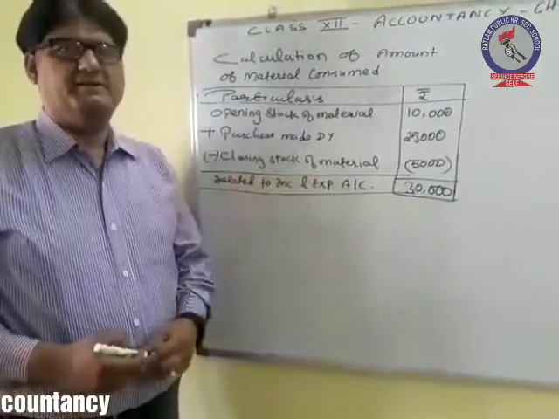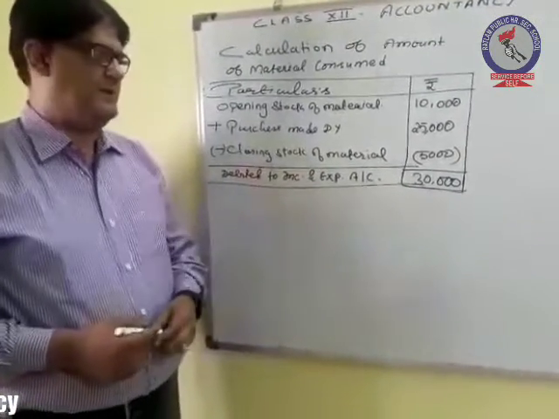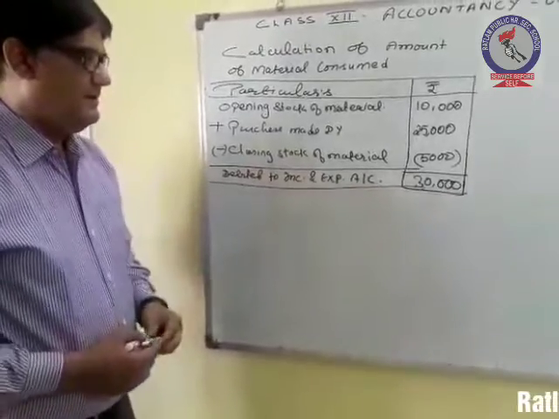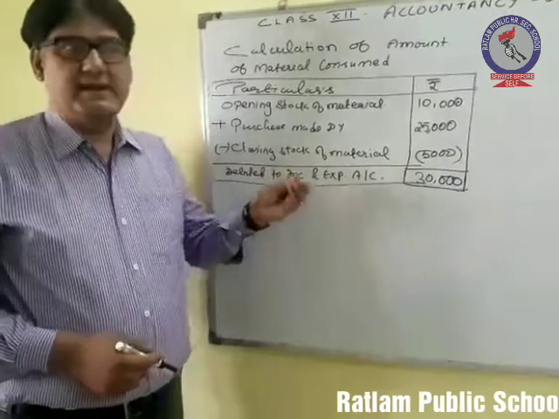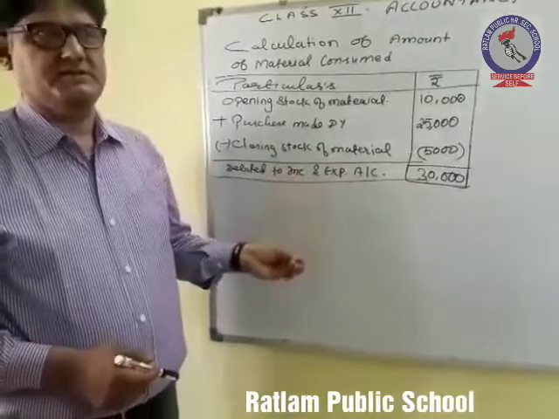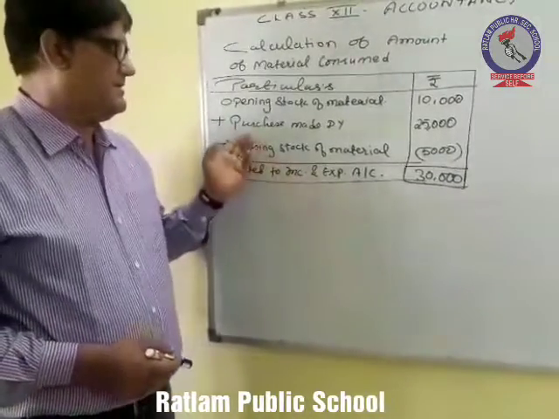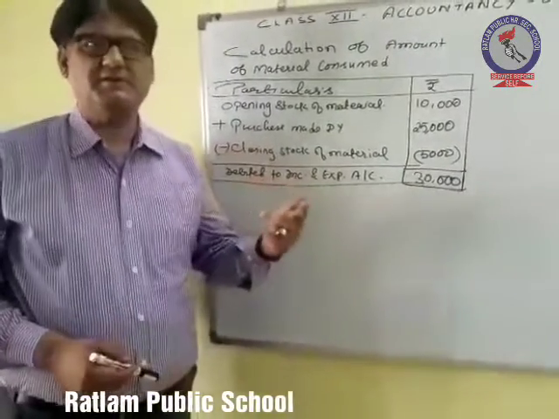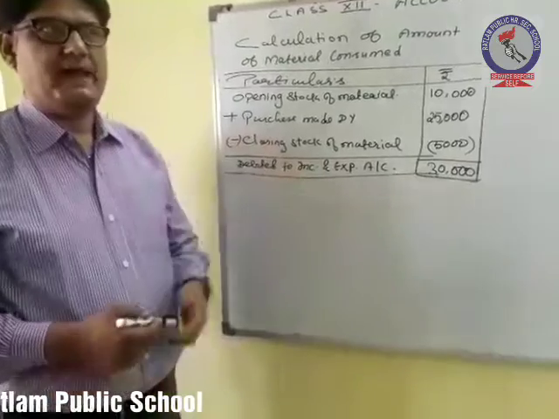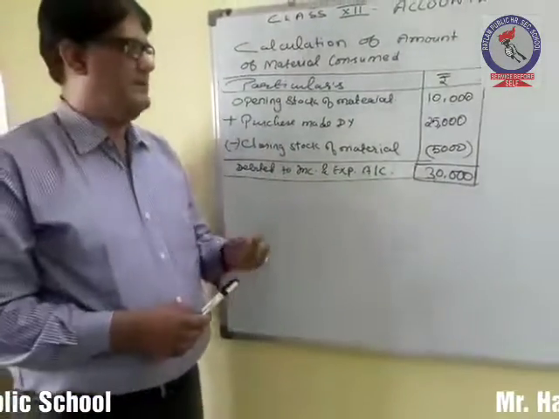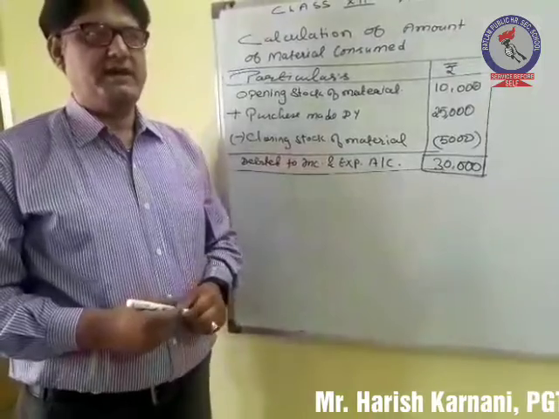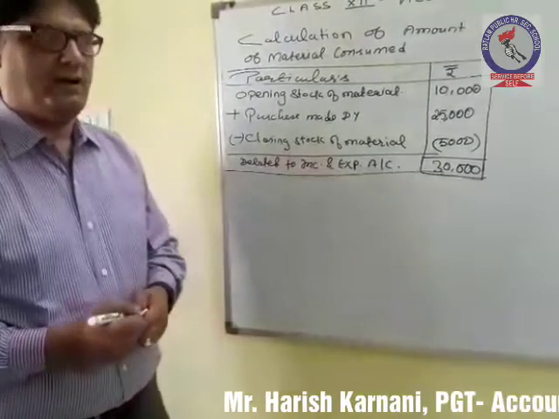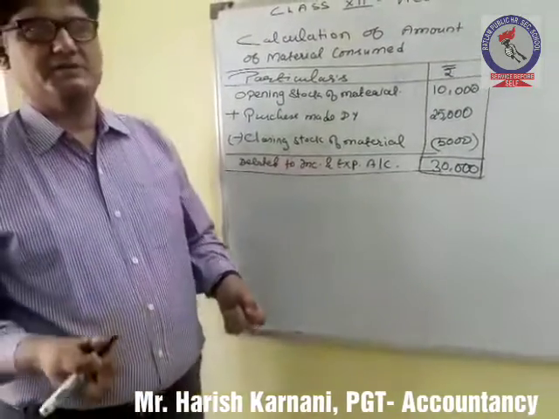Now moving ahead, sometimes what happens is that we are not given the credit purchase. The total purchase consists of cash plus credit. So sometimes the credit purchase of the material is not directly given to us. In that case we have to find out the credit purchase also.